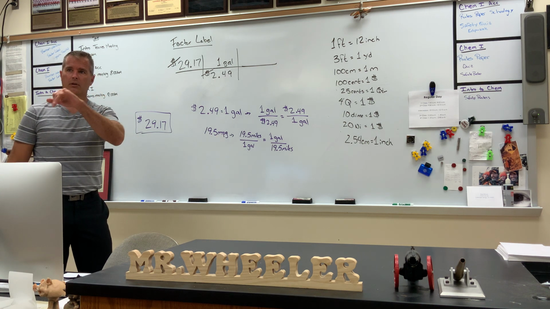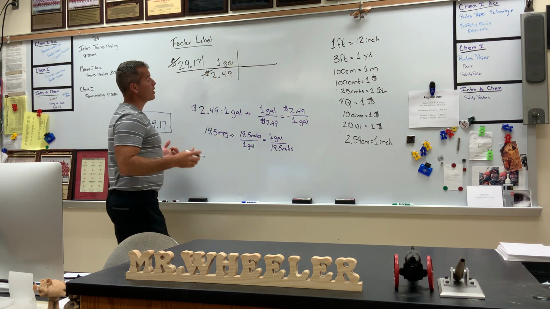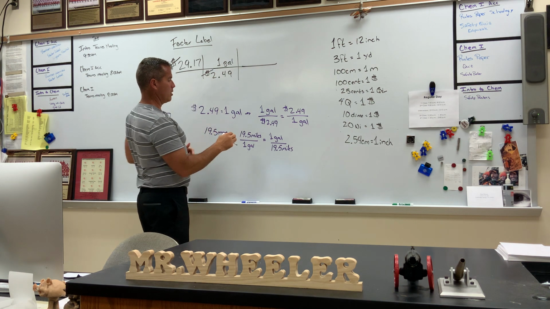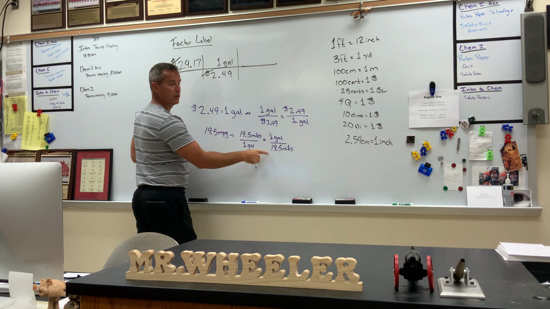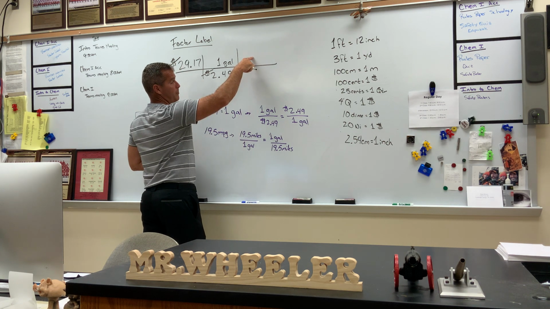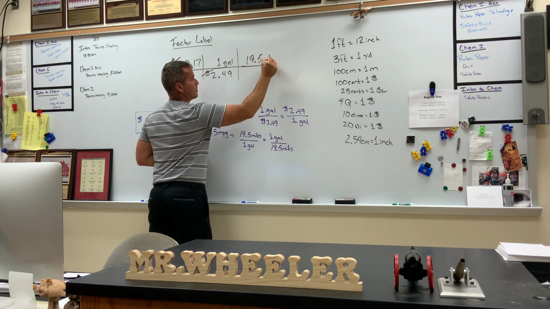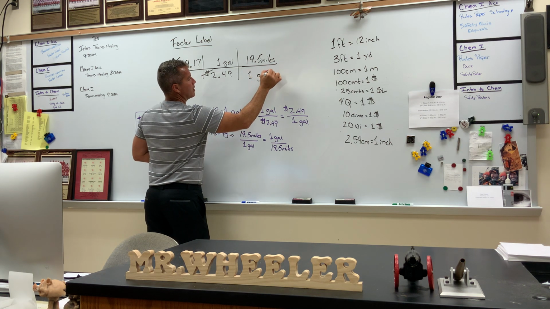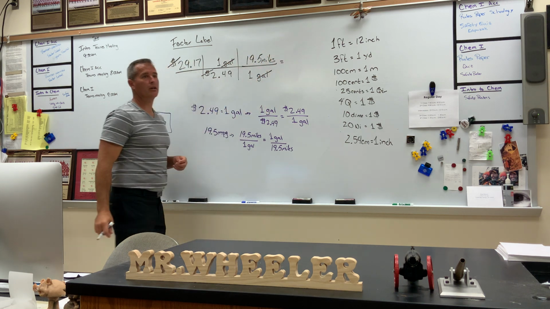Next step: now you know how many gallons you have, so you use miles per gallon. Which one goes on top? Miles goes on top. So it's 19.5 miles for every 1 gallon. Gallon cancels with gallon. Now I've got what I want on top.